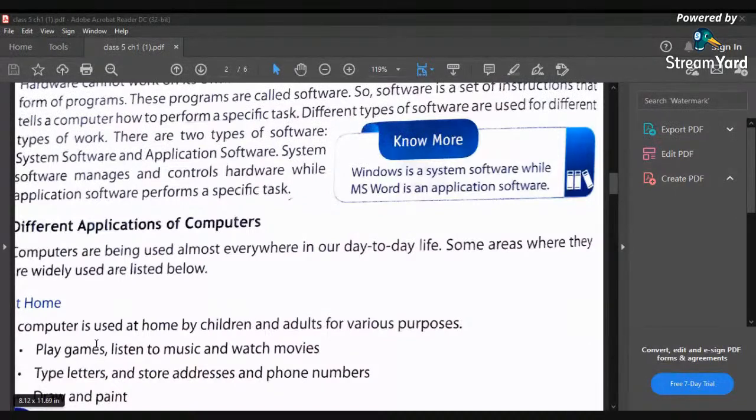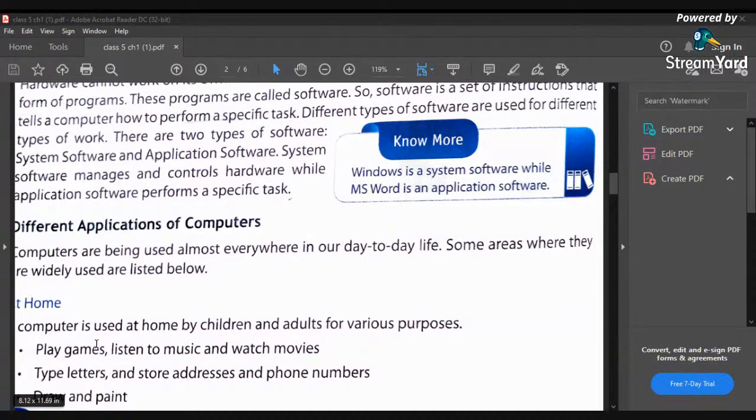When you go to school, you see computers. When you go to the hospital, you can also see computers. When you visit any tourist place, you also see computers. When you attend a scientific lab, you can also see computers there.